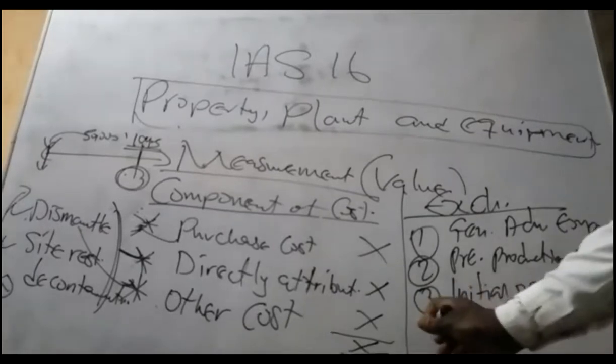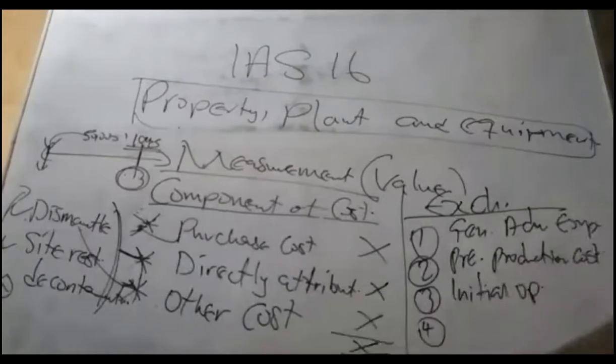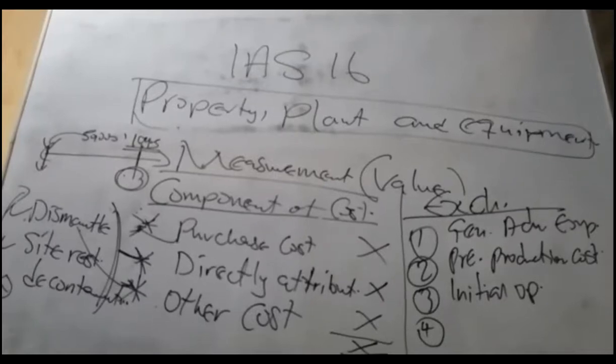Now the fourth one, let me explain this and tell me where it will be treated. Assume that you bought a complex office plant or office machine. None of your employees can use it. They don't have any idea. So you train your staff internally and externally.